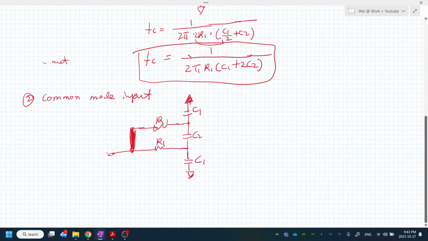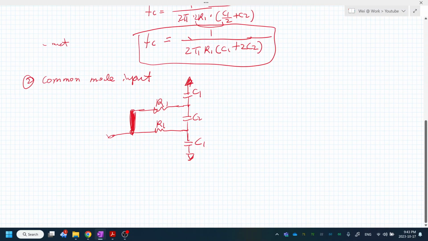Since we have the same potential here and here, basically C2 is a short circuit. So we can replace C2 with a short circuit. And the C1s, we could redraw this C1 going down here, so it's a capacitor with the value of C1. So this can be removed.